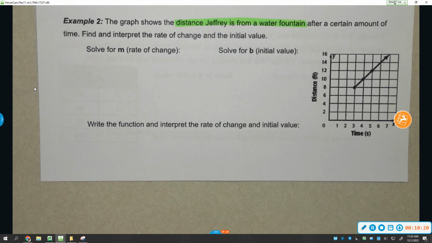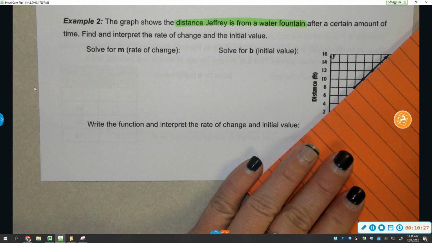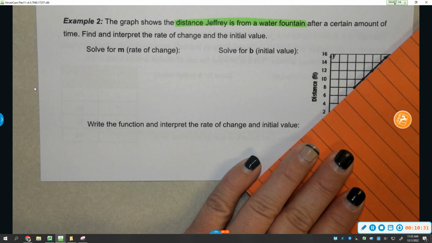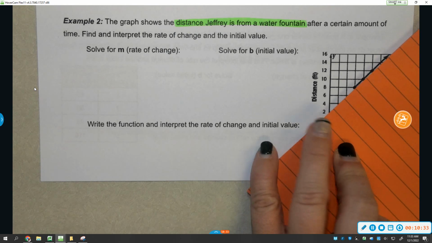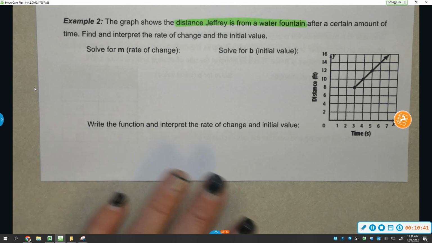Okay, now I just want to show you, if I were to continue this line, if I were to use my straight edge, notice here, it's really not going to go through (0, 0). So this is something I talked about earlier today. There's not going to be a b that equals 0 today. Every single time we will calculate the value.